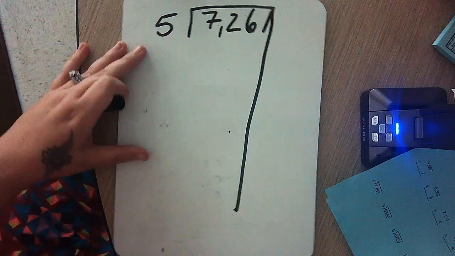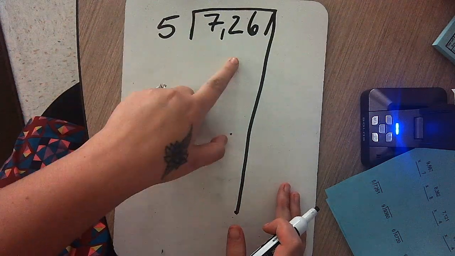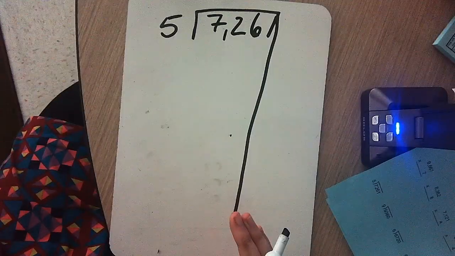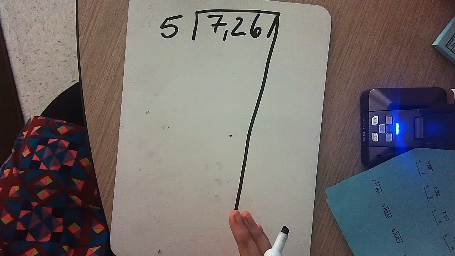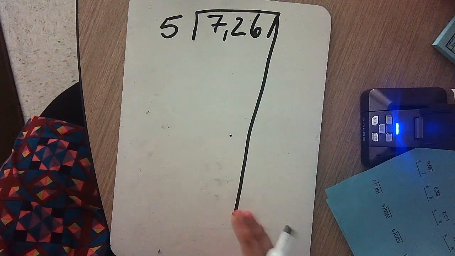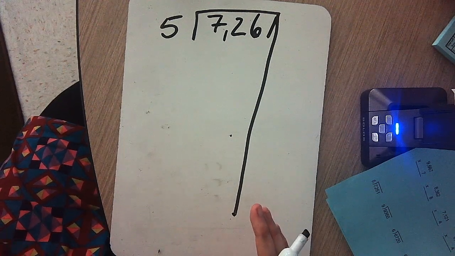The first question I'm going to ask myself is 5 multiplied by what number can get me closest to 7,261? We teach kids to look for easy numbers. So tens, hundreds, thousands, anything that you can multiply by 1 and just put a bunch of zeros by to make your number smaller and easier to work with.